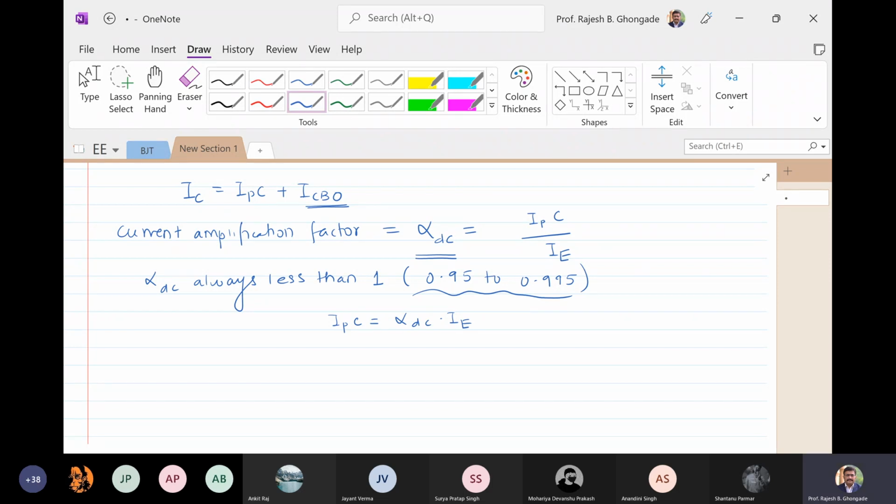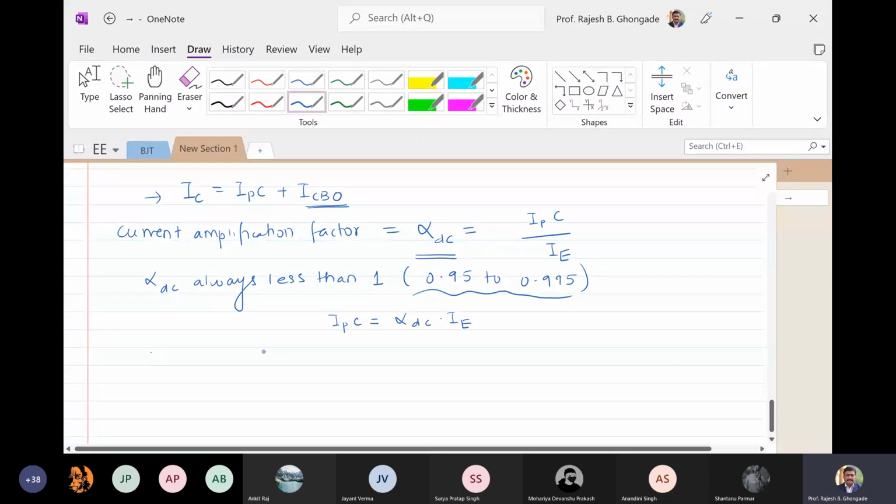So we have IC. We already have this equation with us. IC is composed of IPC and ICBO. Please remember what is ICBO. ICBO is the reverse saturation current. Okay.